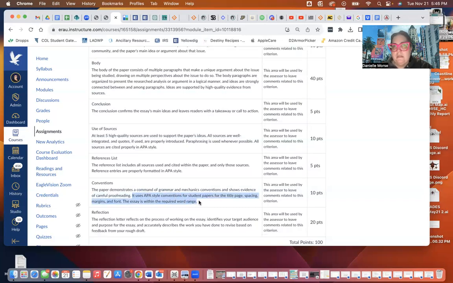Please note that there is a difference between the citational work and APA formatting of the whole paper. This is focusing on the formatting, right? It even says title page, spacing, margins, font, right?